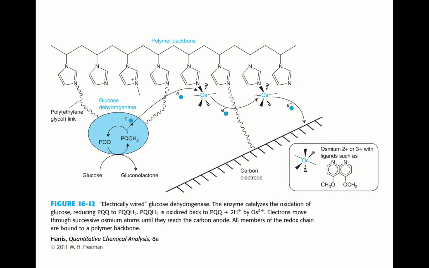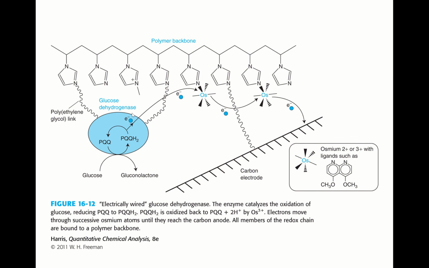So electron transfer from the enzyme to the electrode is not easy, so there must be a way to have access to the active site. So this long chain now connects to this electrode, in this case a carbon electrode, and then it can have access to the active site of this enzyme, glucose dehydrogenase.